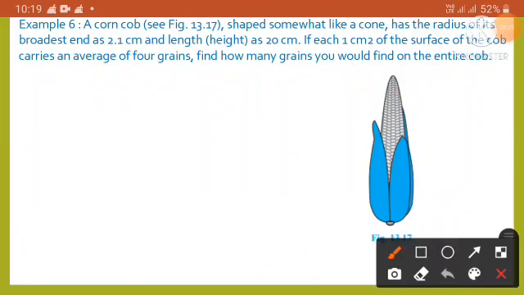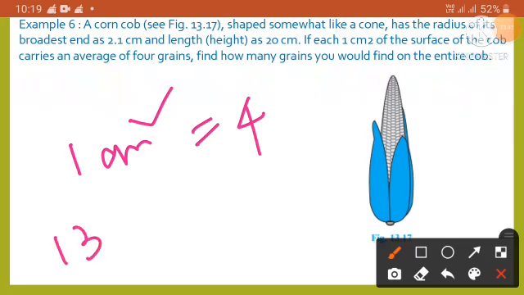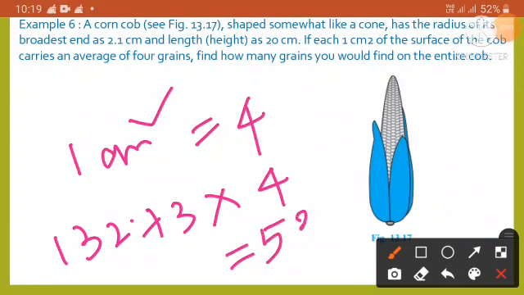So for 132.73 centimeter square, the number of grains will be 132.73 into 4. Okay, so ultimately we are getting 530.92.